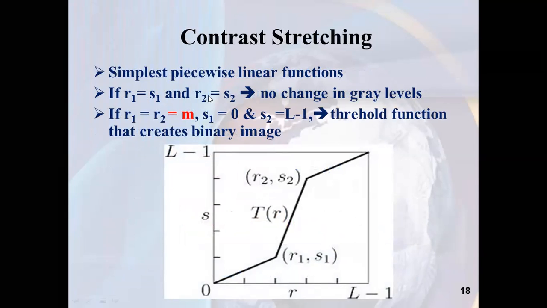If R1 equals R2, معناتها ما عملت stretching. If R1 and R2 equal M, which means that these two values belong to the same value, and if S1 equals 0 and S2 equals L minus 1, يعني راح أحصل على شكل شبيه بالZ but reverse, and in this way بكون عم بشتغل binary image because the output image has two values يا اما 0 يا اما L minus 1.